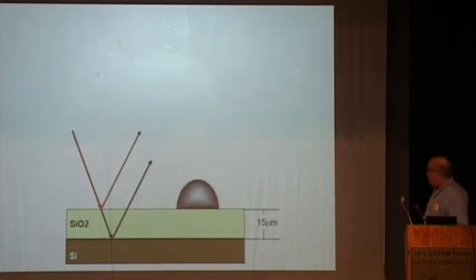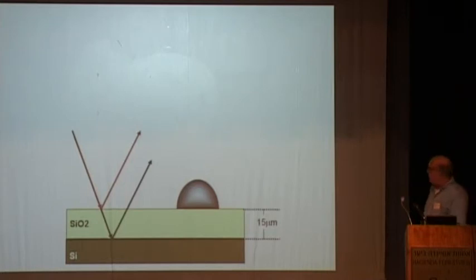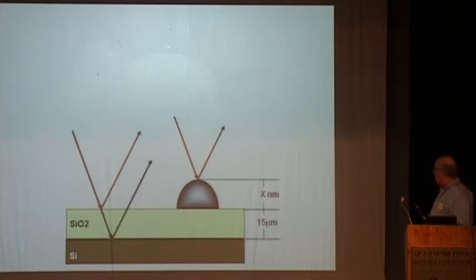Now, if on the other hand we spot onto the surface of the silicon oxide a protein sample, we're going to get now a series of reflections. One reflection is going to be reflected from the surface of the protein itself. And so under those circumstances, we're going to add to the 15 microns another thickness, which is in the realm of a number of nanometers.